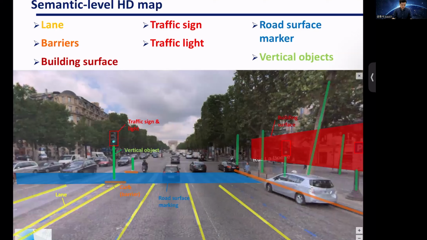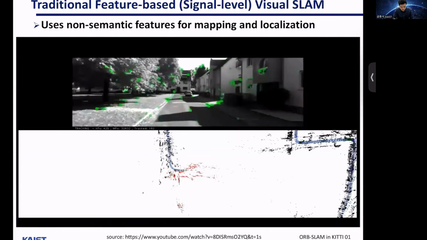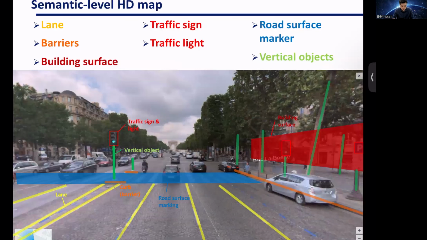And then let's move on to semantic level HD map. So this was non-semantic features, okay? This feature does not provide you much information semantically. Instead, if we go with semantic map, then we can have these landmarks. We already have these landmarks in the world we are living in, which is understandable from a human perspective.